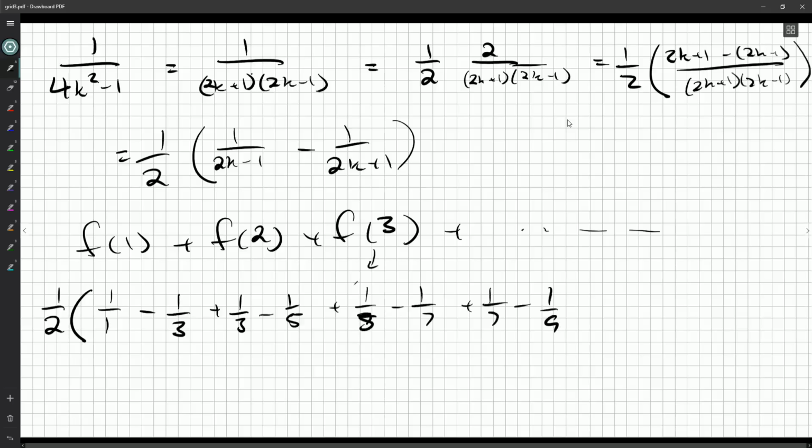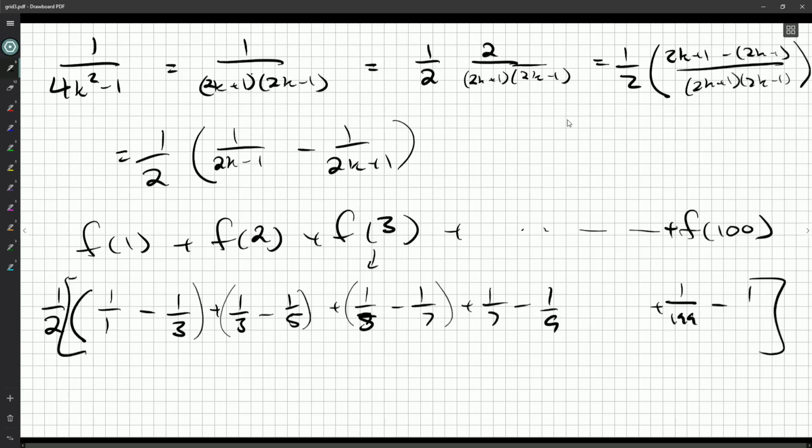Each one of these contributing in its own way, and we halve everything in the end. So f100 here would end up being plus 1 over 200 minus 1, so 199, minus 1 over 200 plus 1, so 201.